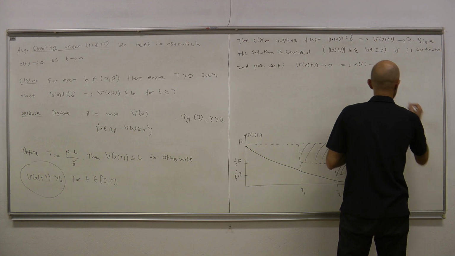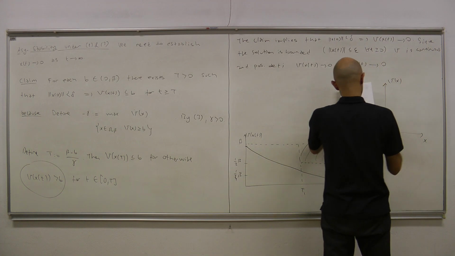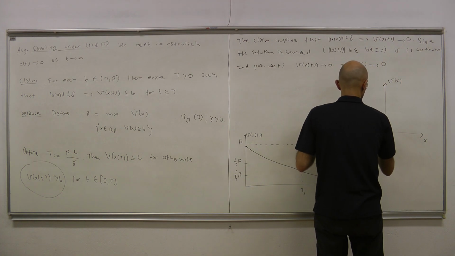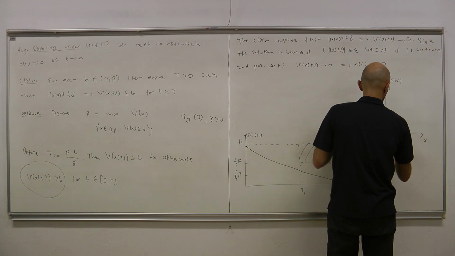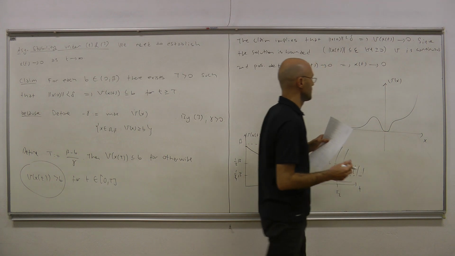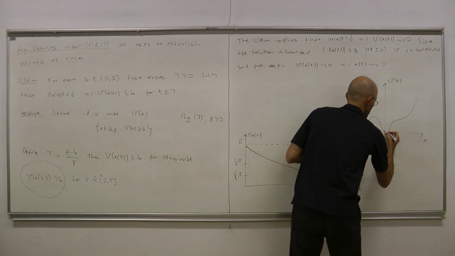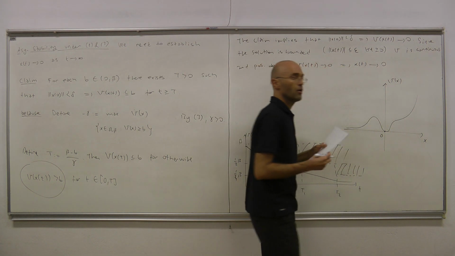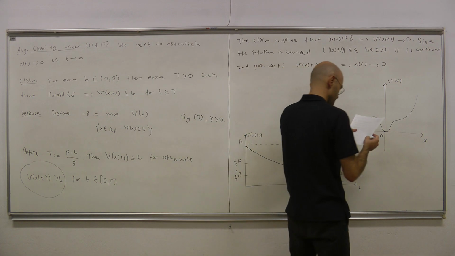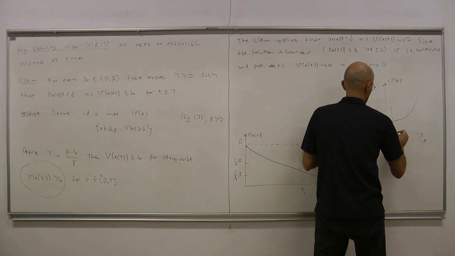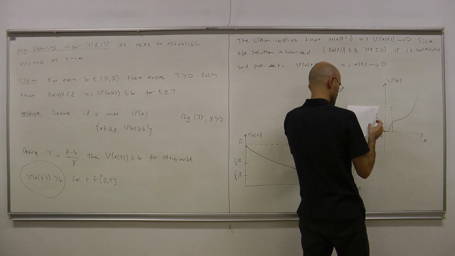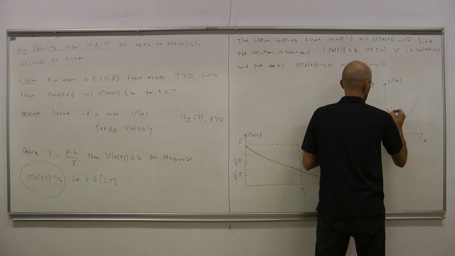This is x, v of x. It's 0 only at 0, and in some vicinity of the origin, let's call this epsilon.